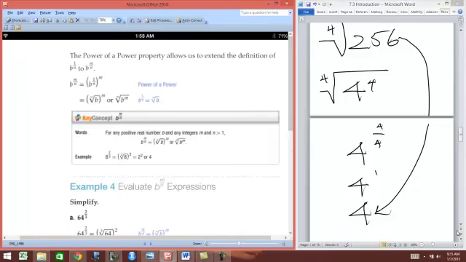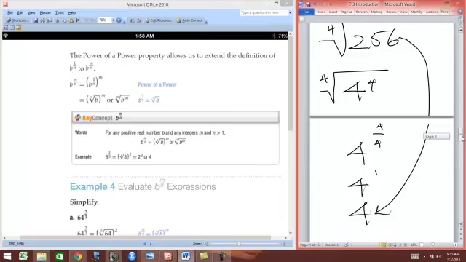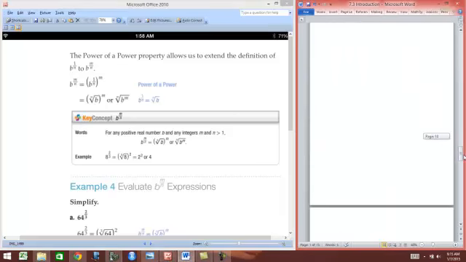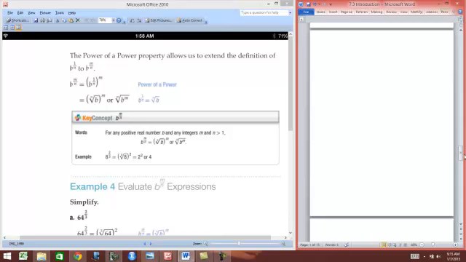All right, now we're going to get a little more involved. What does that mean? Well, now the denominator is going to be something other than 1. They talk about b raised to the power of m over n. What does this mean? M is the power and n is the root. M over n is the exponent.